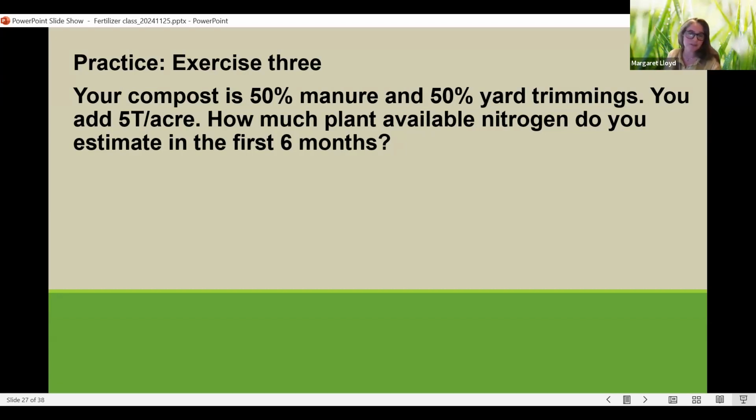So using those, how much plant available nitrogen might you estimate to be released in the first 6 months? And this is adding 5 tons to the acre of a 50-50 manure yard trimmings compost. I don't have a poll, so you can drop your estimates into the chat. So I'll give you a few minutes to think about that.